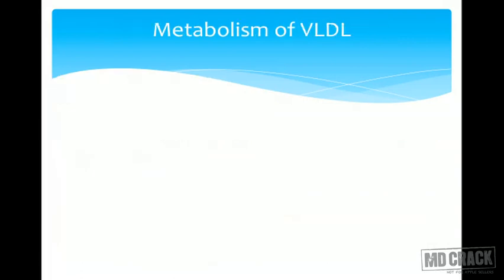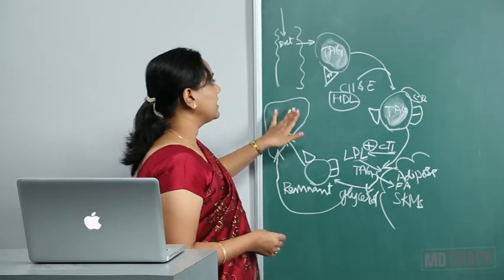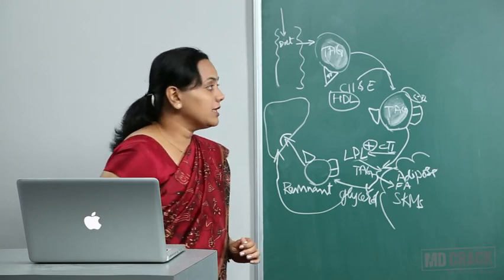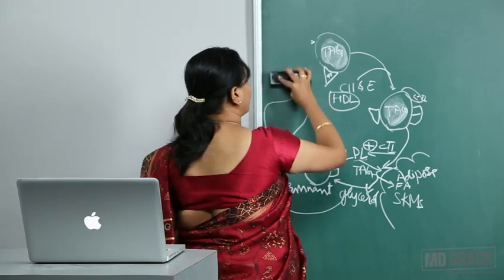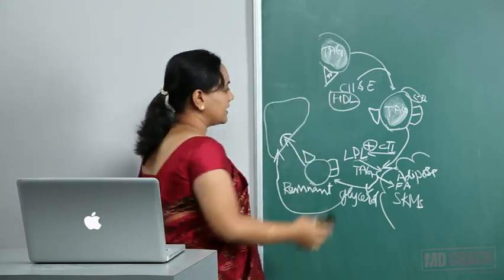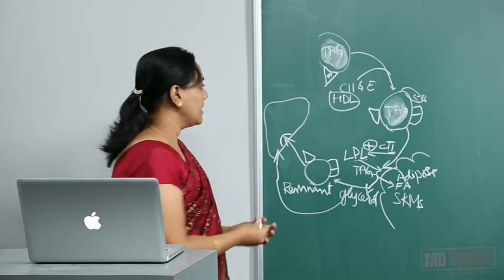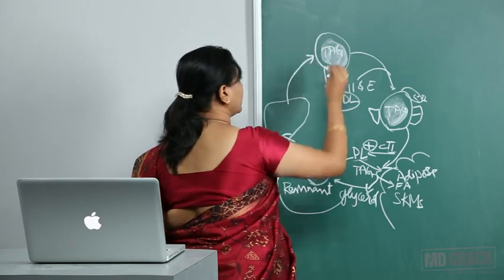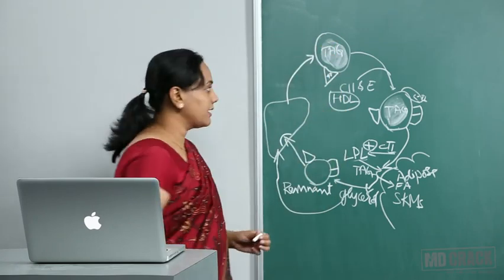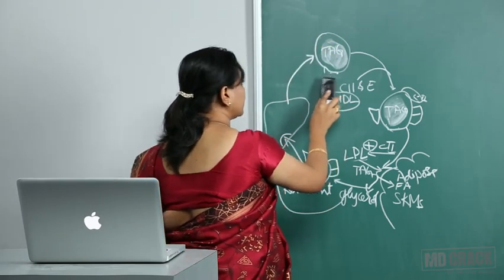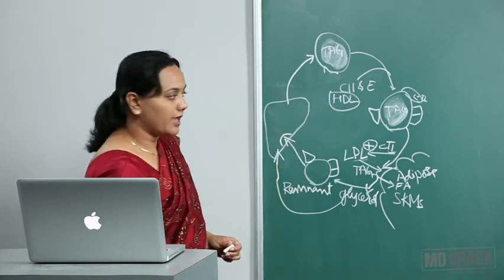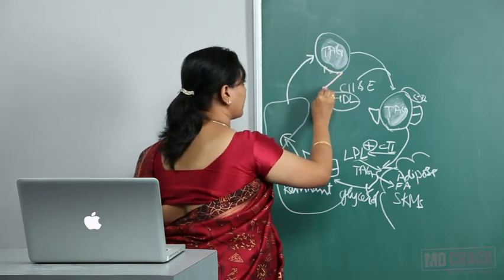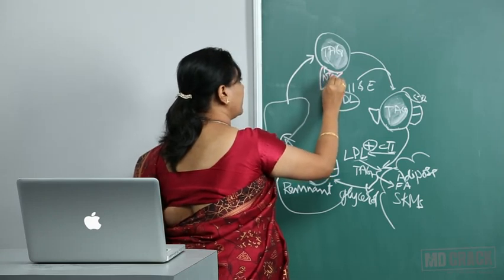Now we go ahead with the metabolism of VLDL. The metabolism of VLDL is somewhat similar to that of chylomicron, but the only difference is that VLDL are synthesized in the liver, and the main difference is in the apoprotein, which is ApoB100.